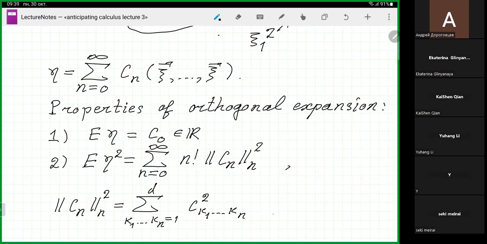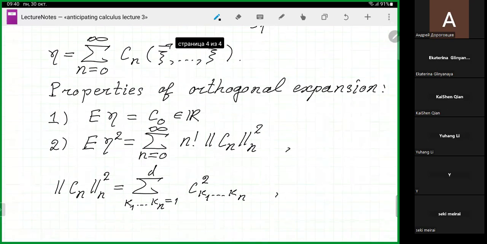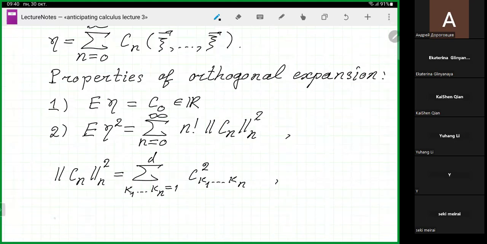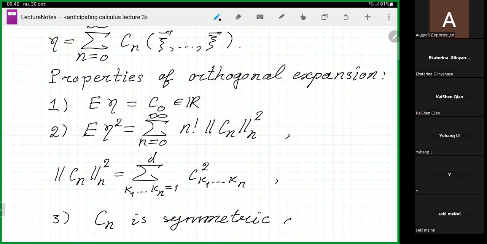Yeah. And let me emphasize again, like property 3, but it is included into the construction, that Cn is symmetric over all variables.